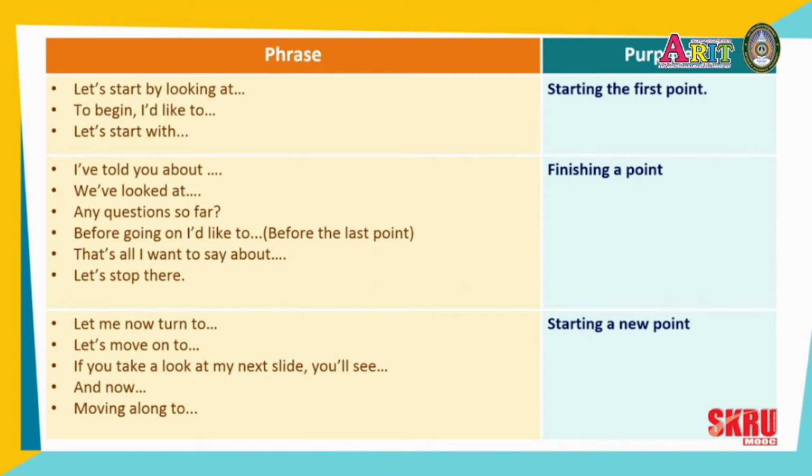If you're using questions during the presentation, that one is useful. Then, before going on, I'd like to, and that's all I want to say about, and let's stop there.